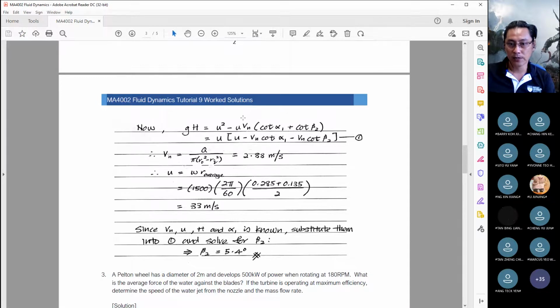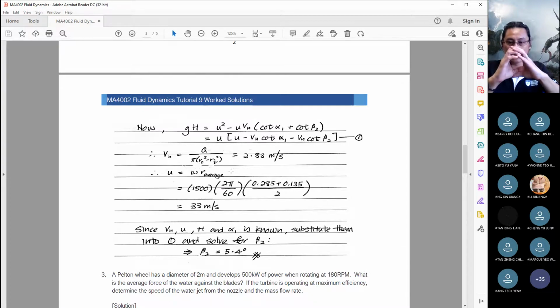Now, we ask ourselves, do we have H? Yes, we have H. Do we have U? If we don't, then we calculate U. Another thing we need to calculate is Vn. Calculating Vn is quite simple, because Vn, the normal velocity passing through the rotor, is nothing but the flow rate divided by the effective cross-sectional area of the rotor through which the flow must pass.